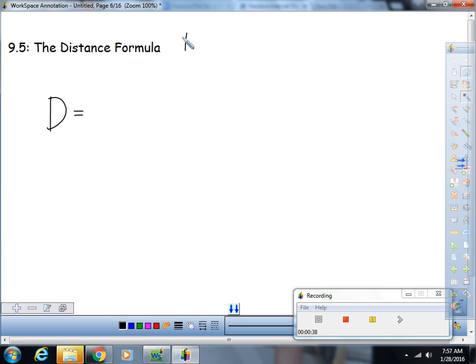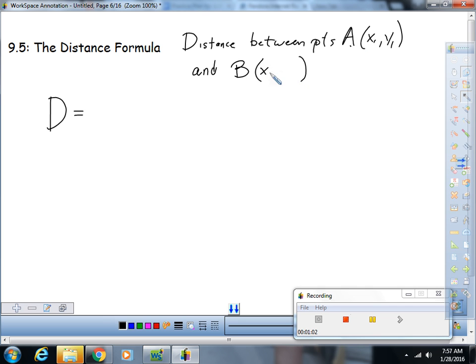okay, I should write it out. The distance between points A, which is (x1, y1), and B, (x2, y2), is... and then d equals.